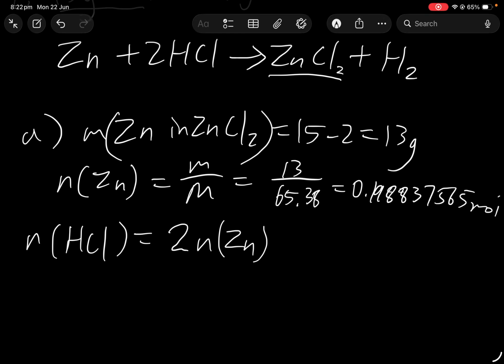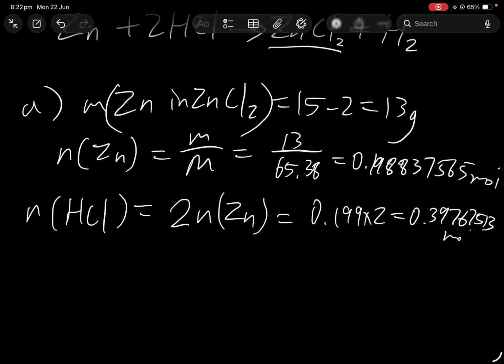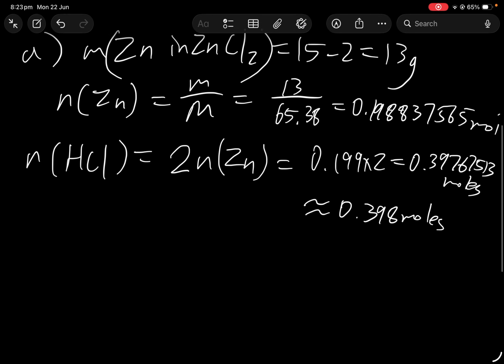So the moles of hydrochloric acid equal 0.199 times 2, writing it simplified. That's 0.39767513 moles, which is 0.398 moles of hydrochloric acid, and that's it for part A.